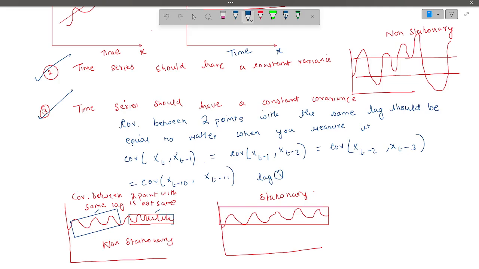If you run an AR model on a non-stationary time series, the results, the forecast of that AR model would be absolutely useless, right? Guys, समझ में आया? Yes, sir. एकदम क्लियर है.